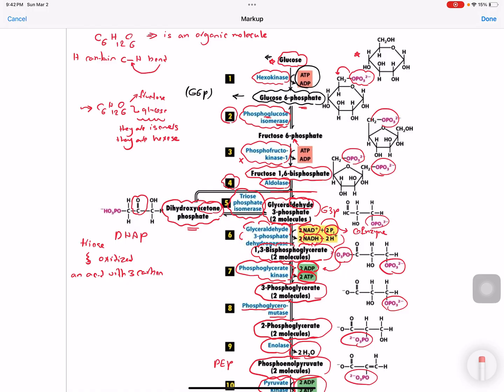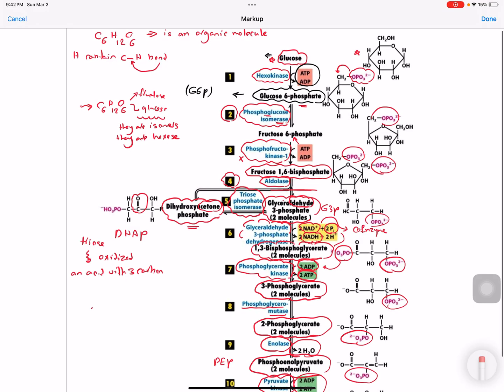This process is called substrate level phosphorylation. That is very important, that the ATP in this process that is called glycolysis is produced directly and by substrate level phosphorylation.